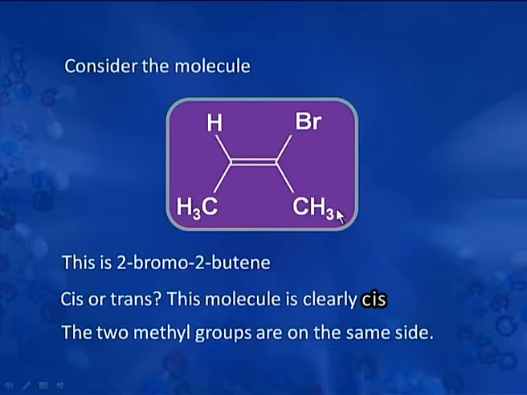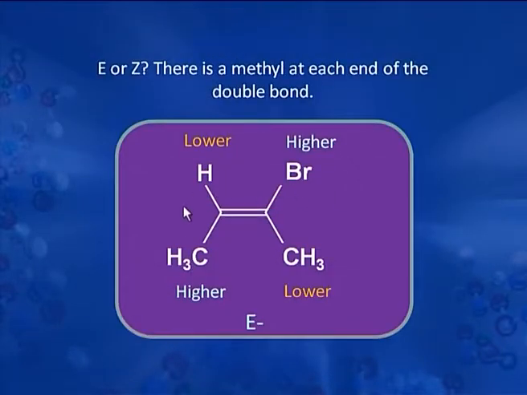Now, we try to assign configuration according to the EZ system. In this case, what we find, methyl gets the higher priority over hydrogen on this side, whereas bromine gets the higher priority over methyl on this side. So, groups getting the higher priority are across, right. So, this isomer is assigned E configuration.